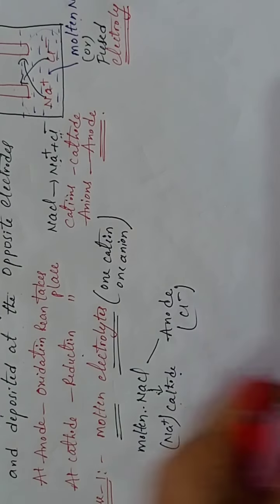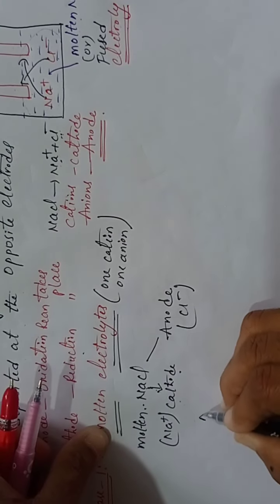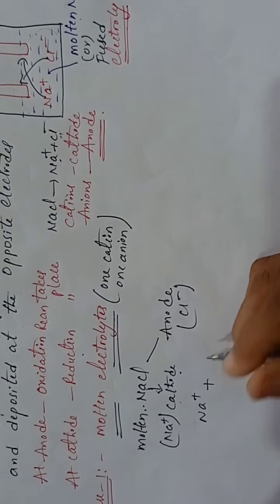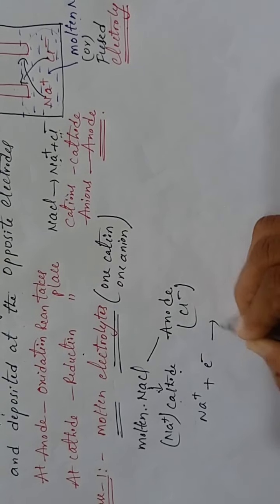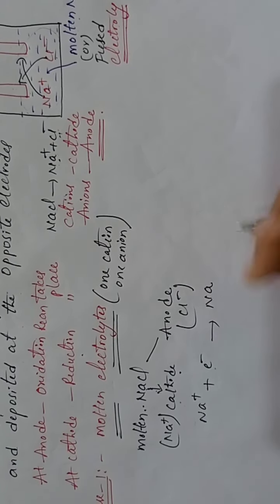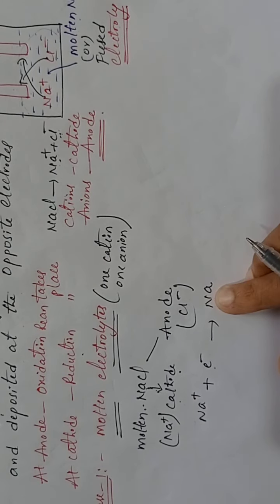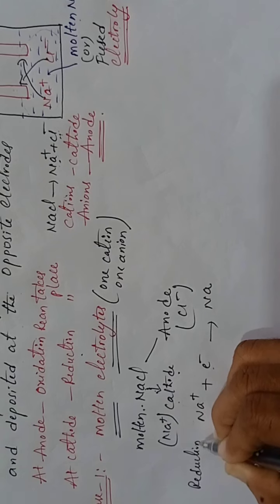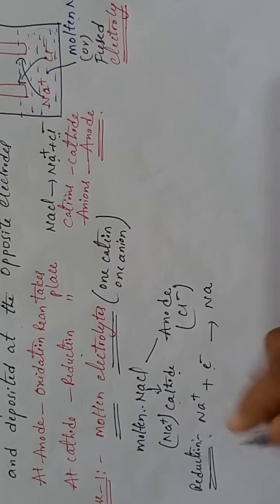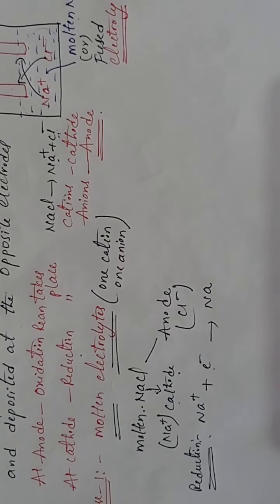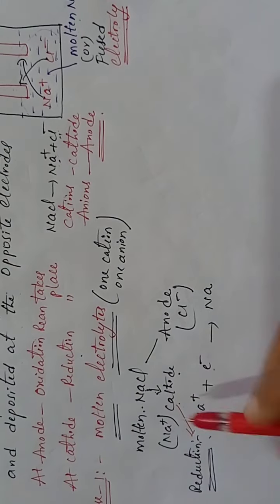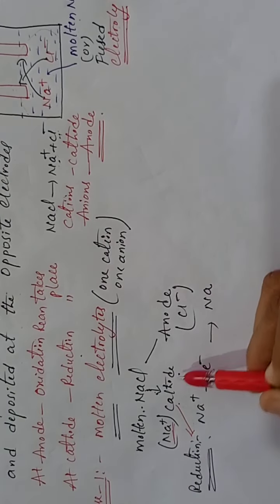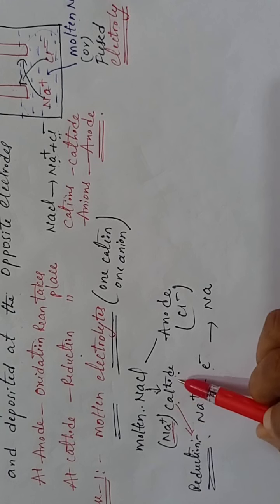We know that at the cathode reduction reaction is taking place. Reduction is nothing but gain of electrons. So by gain of one electron Na+ becomes sodium. That means sodium is deposited. Which reaction is this, students? Reduction reaction, taking place at the cathode.